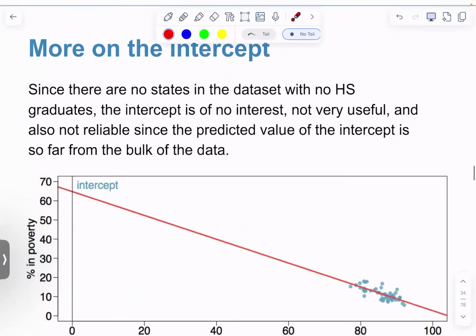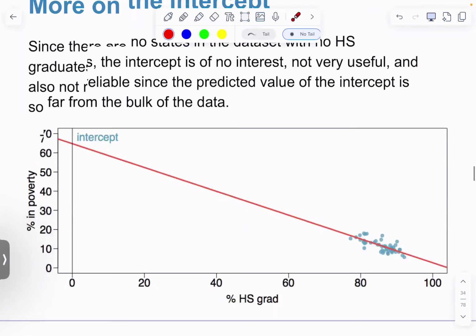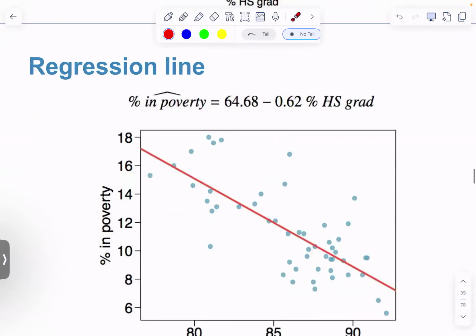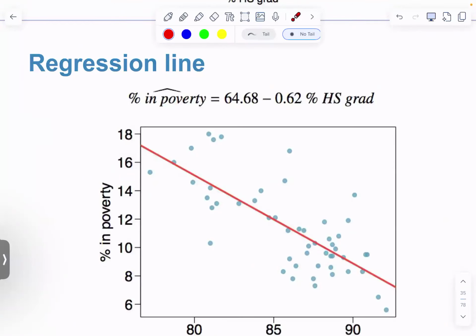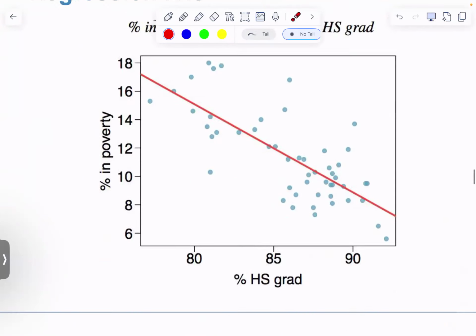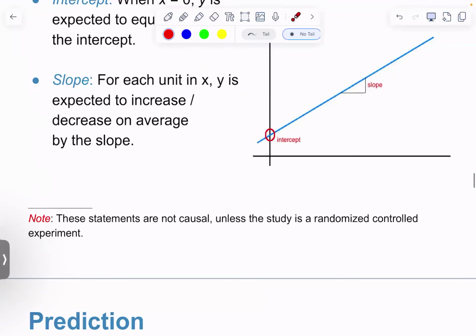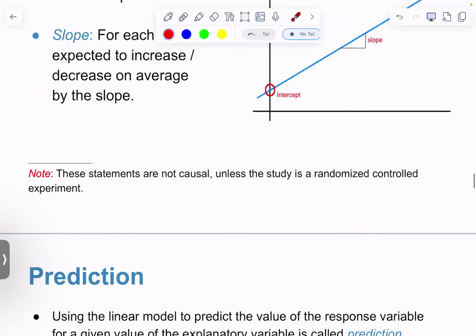We've already talked about this, so I'm going to scroll through here. If we fit our regression line using software, it would look like this. We talked about the interpretation of the slope and the intercept. I just kind of did it. I went rogue.